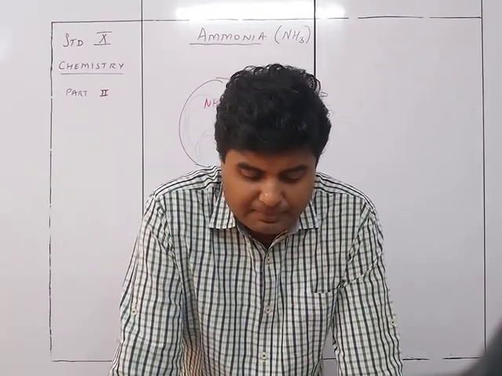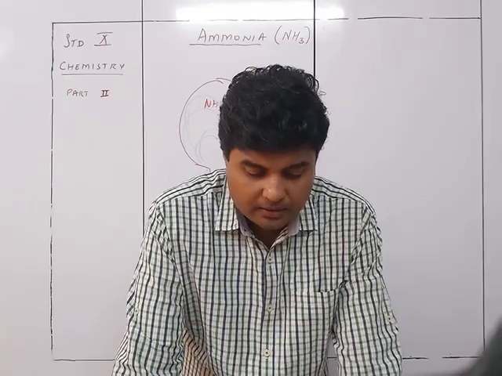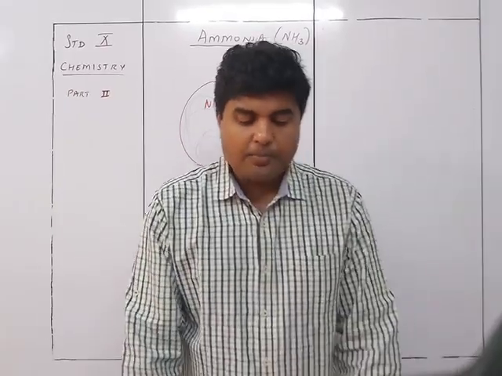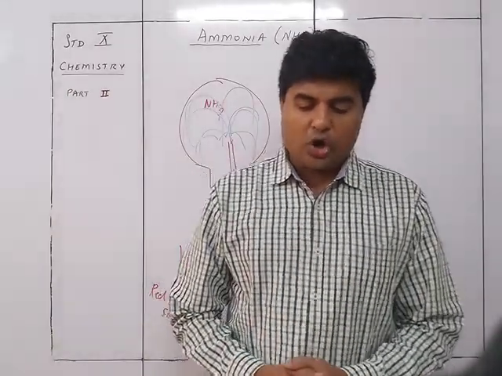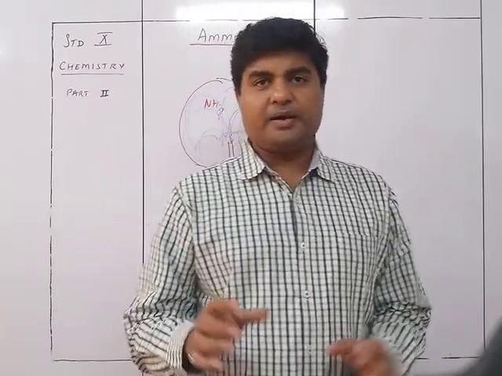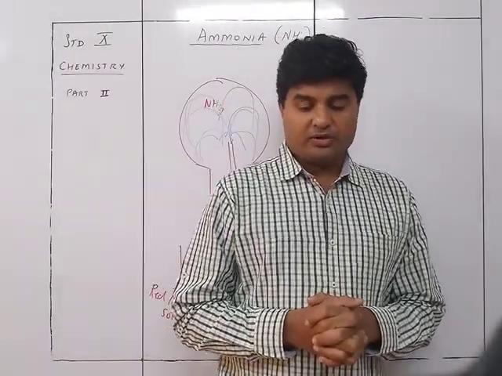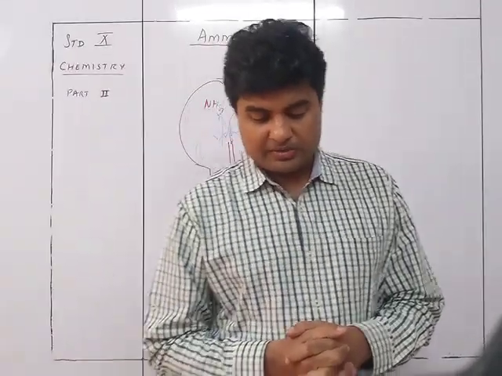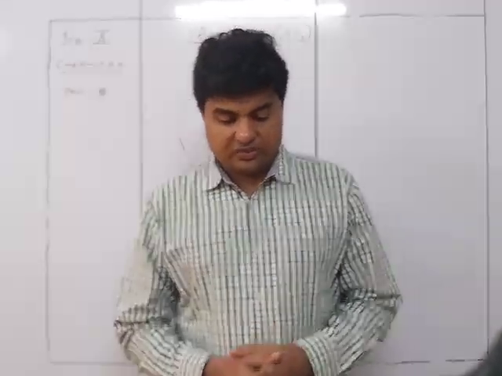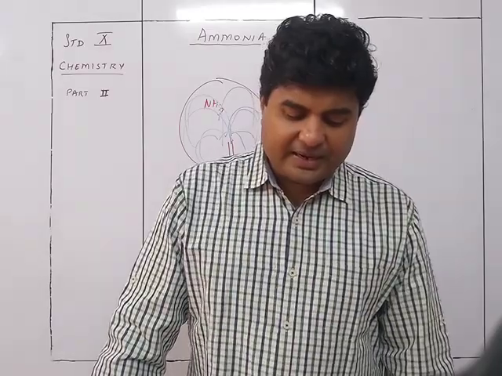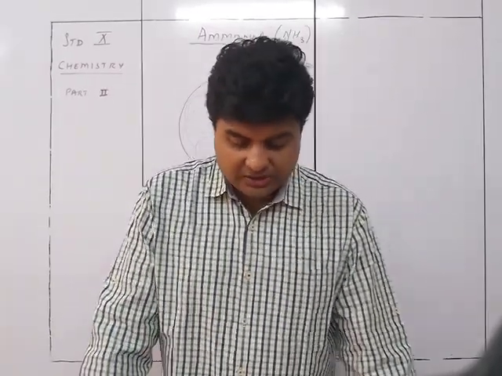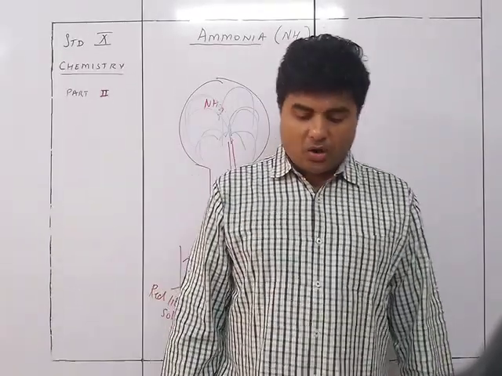Combustibility wise, ammonia is neither combustible nor supports combustion. So it is neither going to burn itself nor going to support combustion. Reaction with oxygen: ammonia burns in an atmosphere of oxygen and undergoes catalytic oxidation.